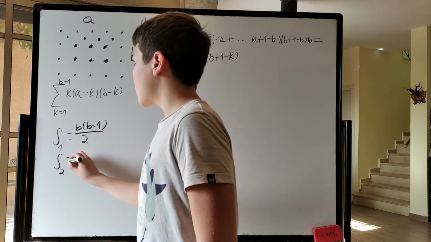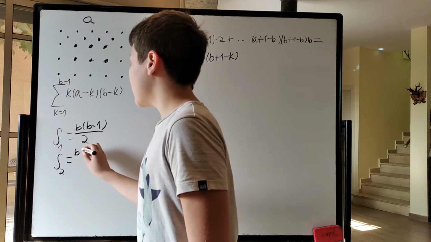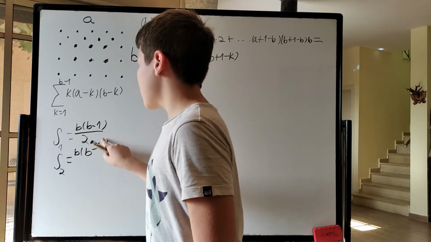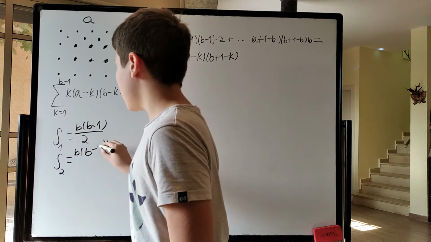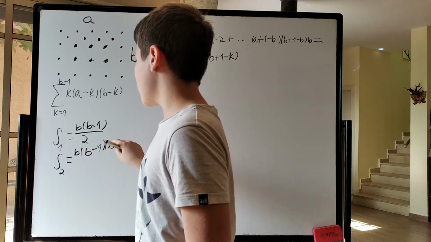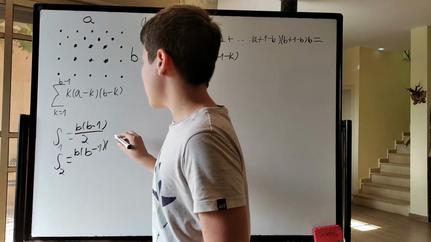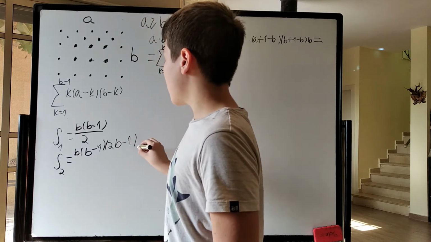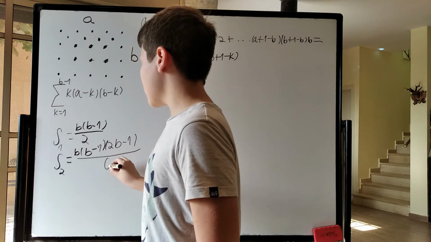S2 is equal to b times (b minus 1) times (2b minus 1), all over 6.